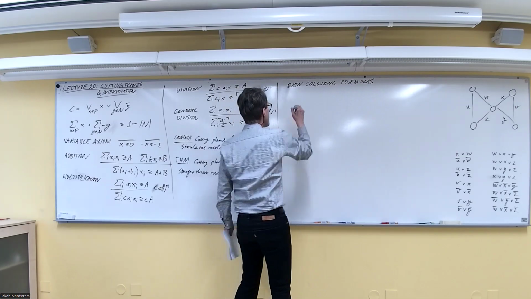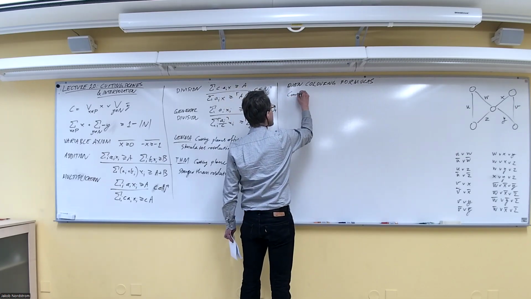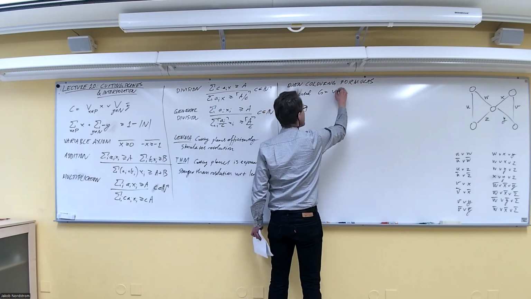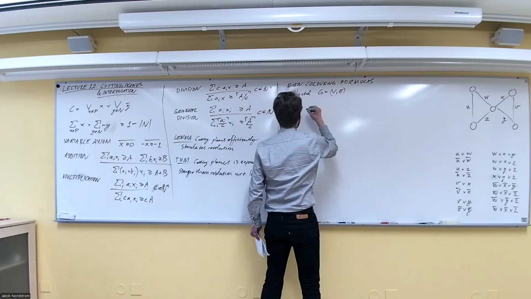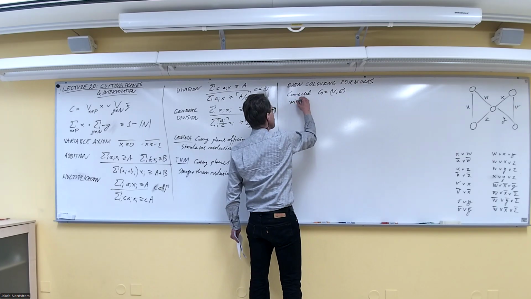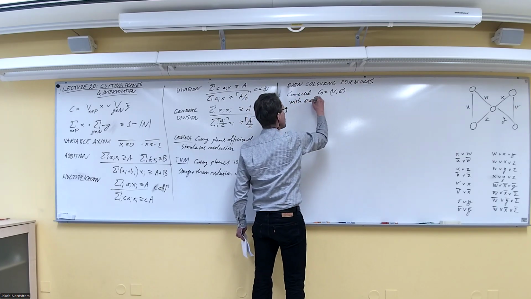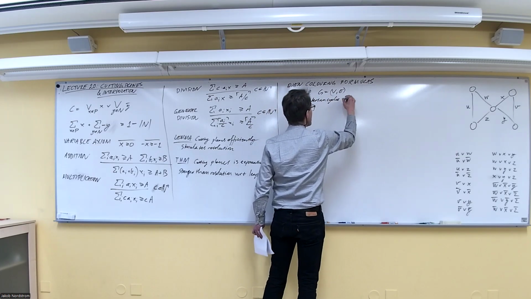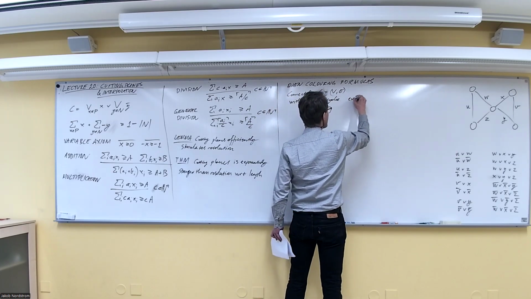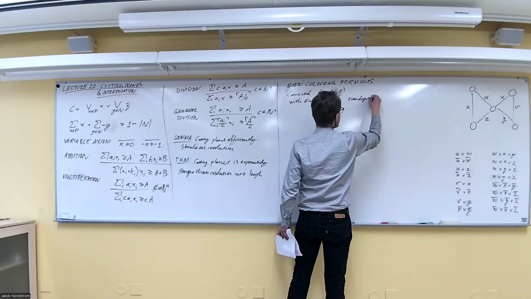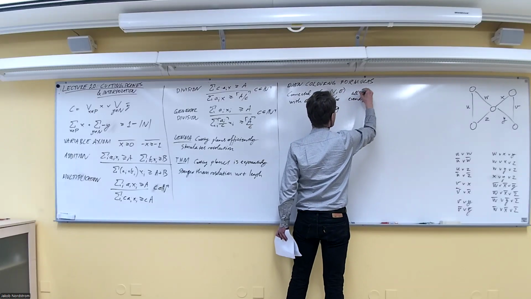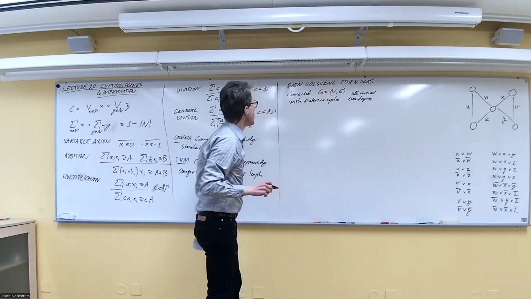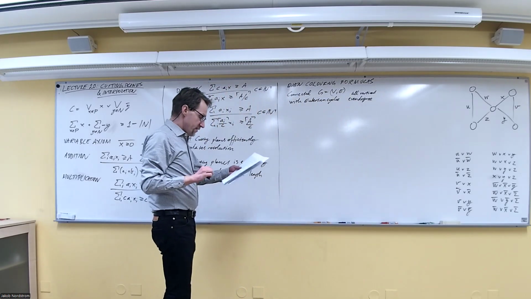So the point is you have a connected undirected graph with an Eulerian cycle. What does that mean? It means that all vertices have even degree.